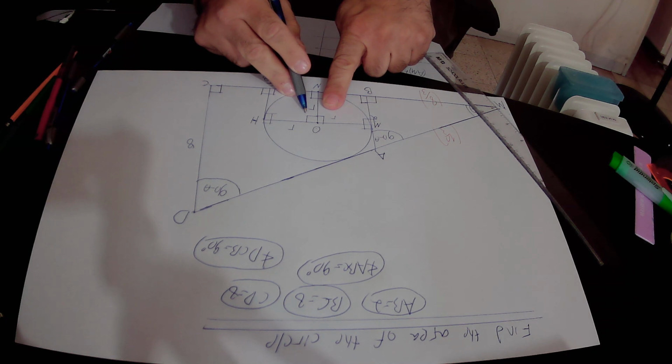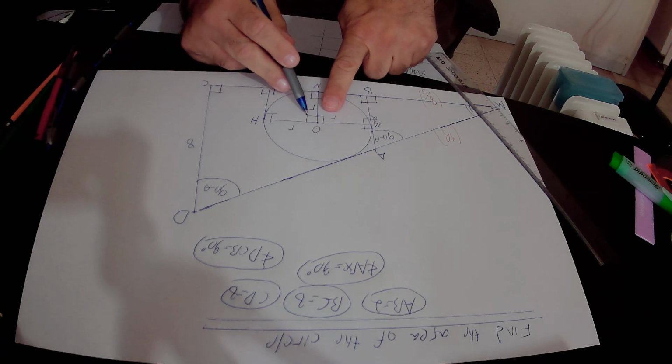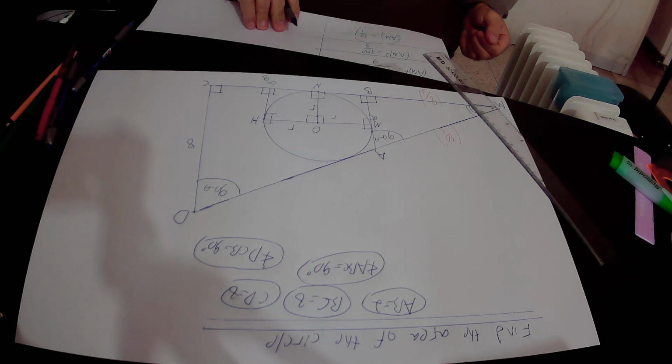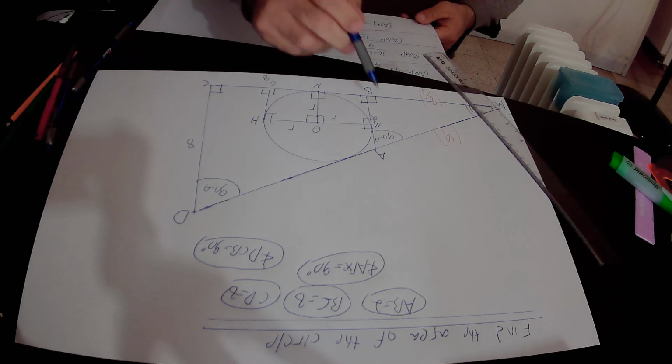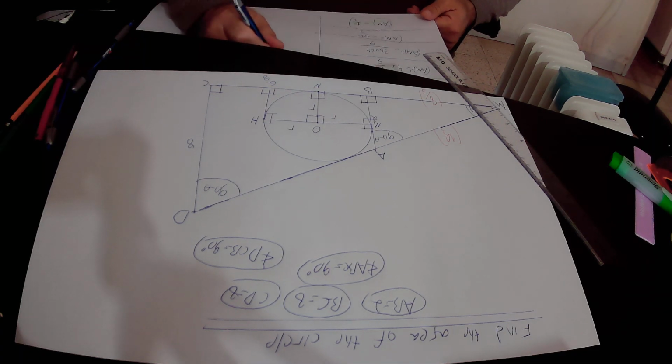It is 180 degrees. Any angle that is equal to 180 degrees is defined as a straight line. And therefore, MH is a straight line because this angle equals 180 degrees. So I write it down. Line segment MH is a straight line because this angle equals 180 degrees.